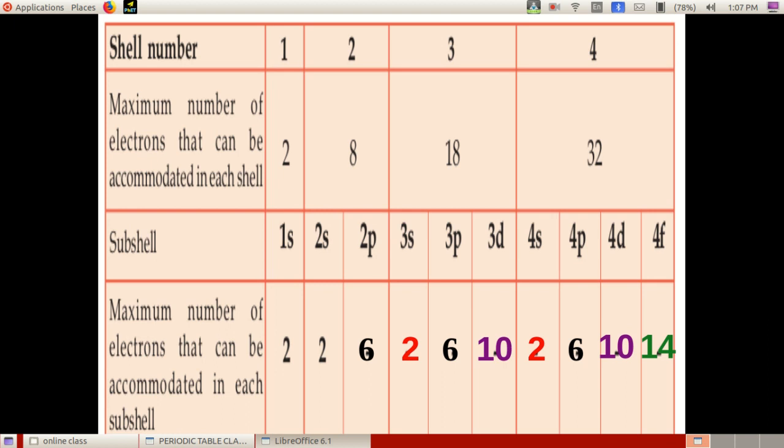In shell number 3, three subshells s, p and d. Subshell represents 3s, 3p and 3d. Shell number 4, four subshells s, p, d, f. Subshell represents 4s, 4p, 4d and 4f.